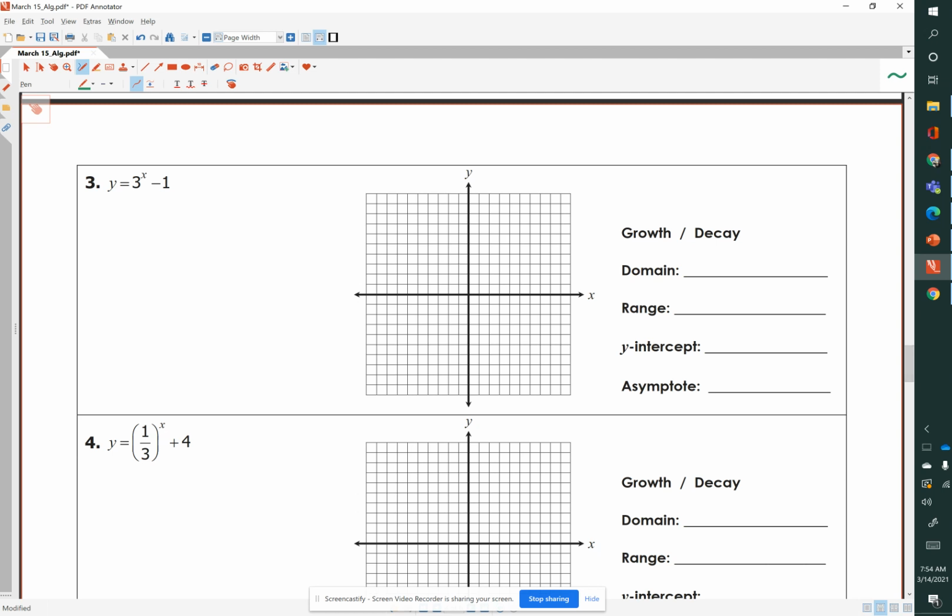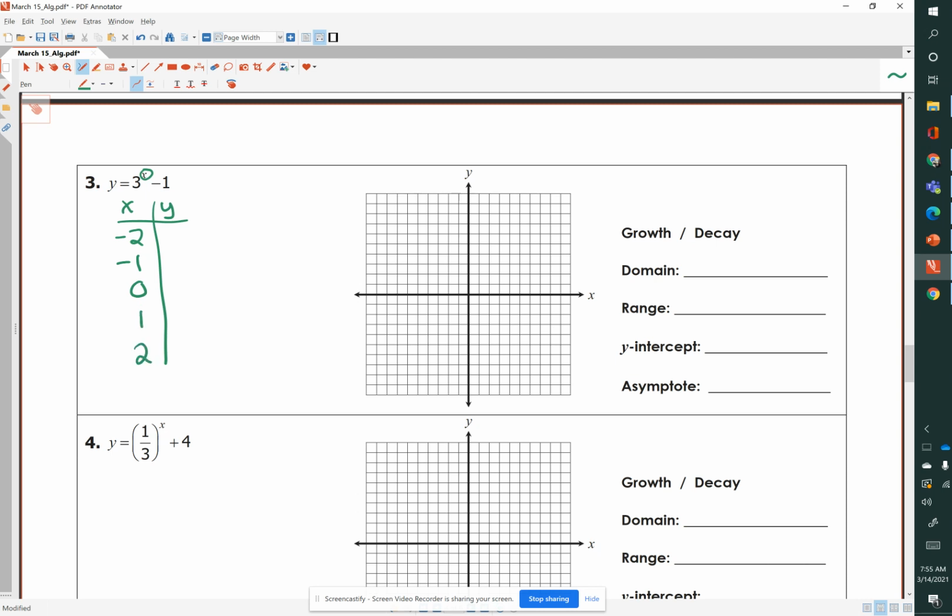We have y equals 3^x minus 1. So remember, in an exponential function, the independent variable is an exponent. So let's make our table of values. And I'm going to go with the same -2, -1, 0, 1, 2.